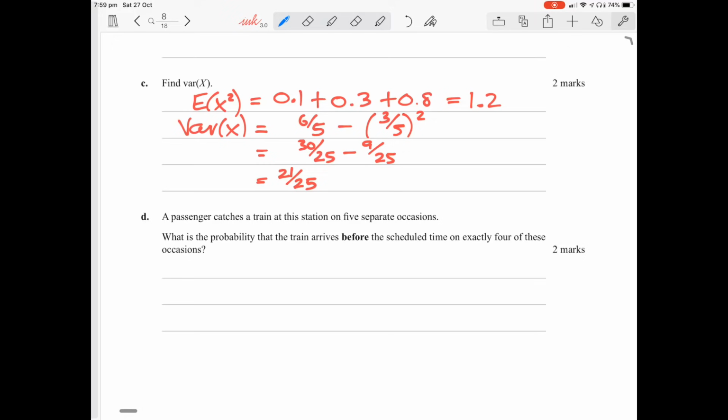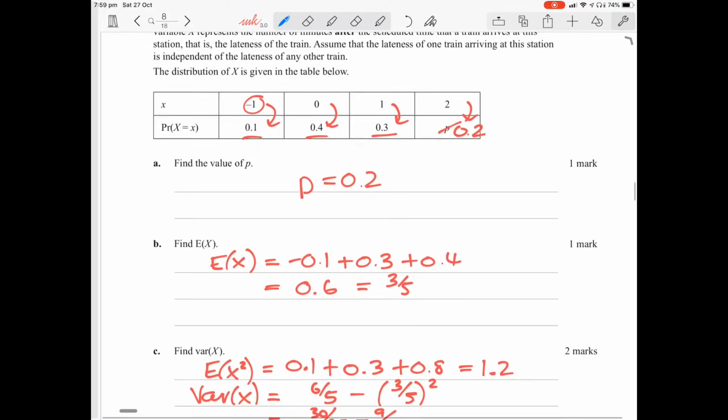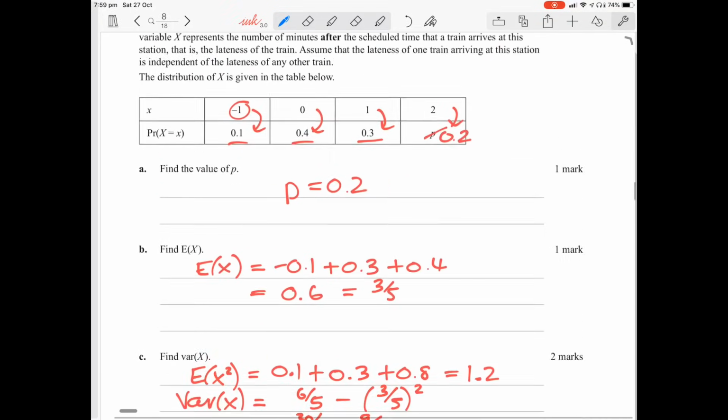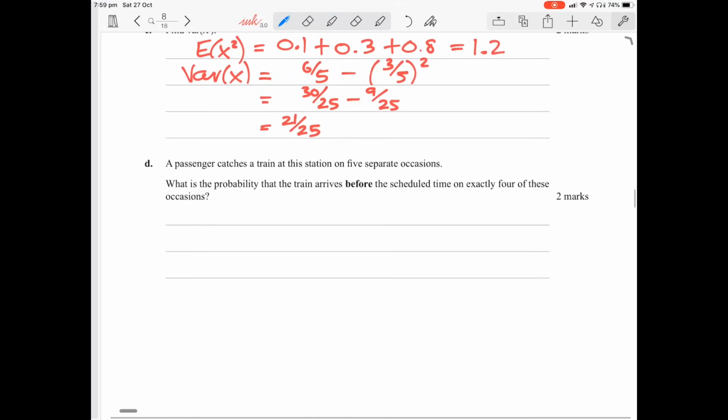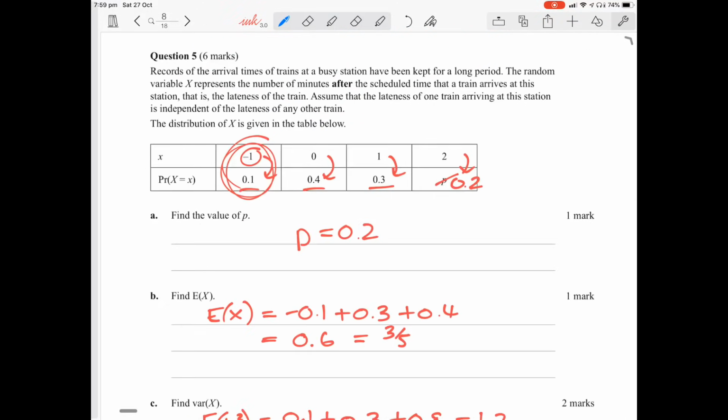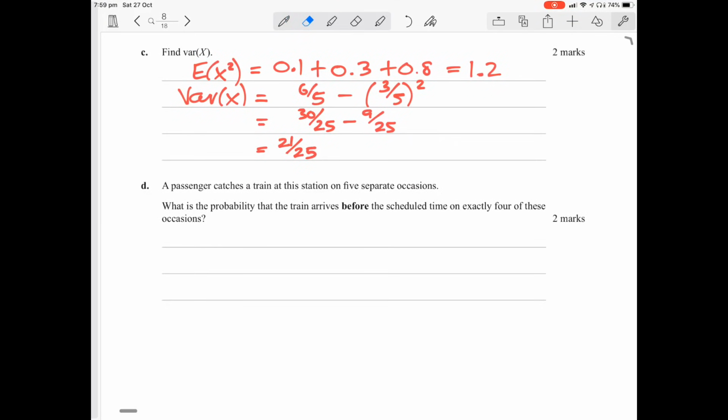A passenger catches a train at this station on 5 separate occasions. What's the probability that the train arrives before the scheduled time on exactly 4 out of these 5 cases? So the probability that it arrives before the scheduled time is this, 0.1. So we can say T is binomially distributed, 5 times, and exactly 4.